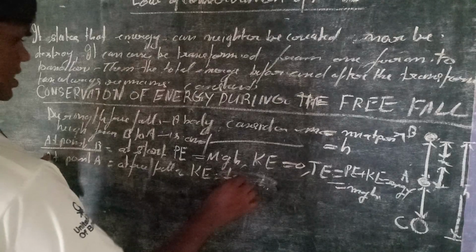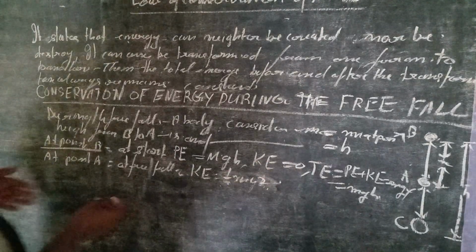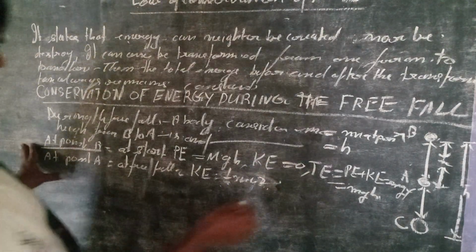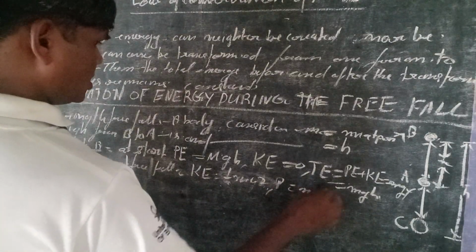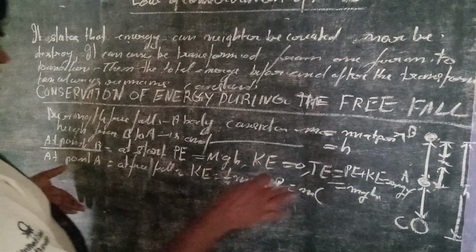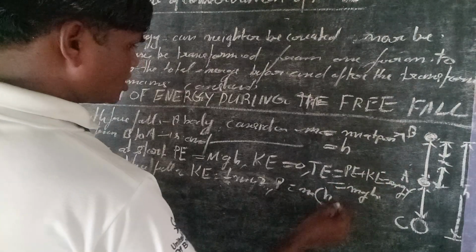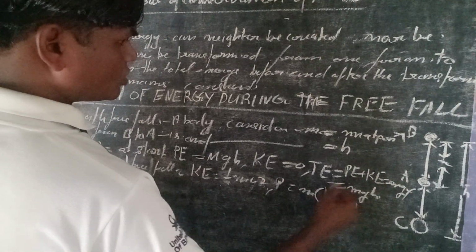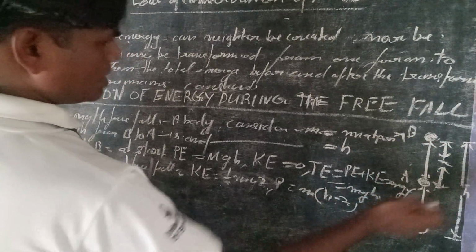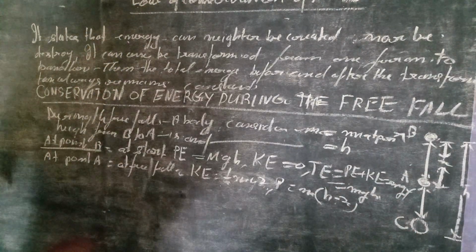Kinetic energy will be half mv square, and potential energy is m into g into h minus x. At point A it becomes mg(h minus x).